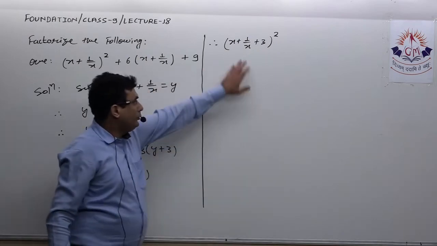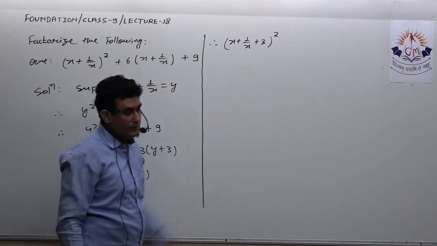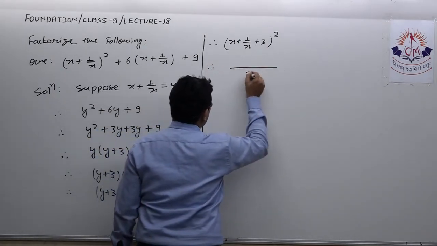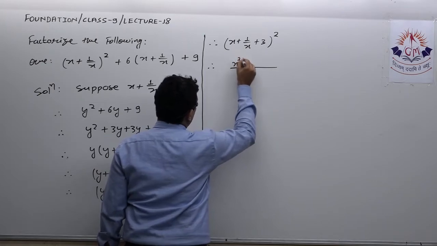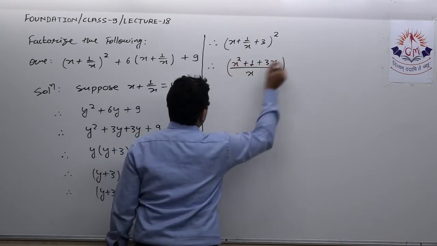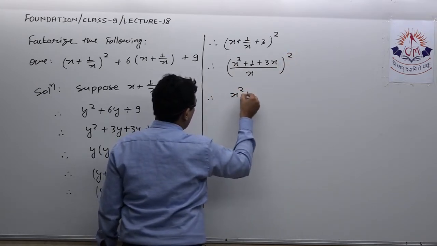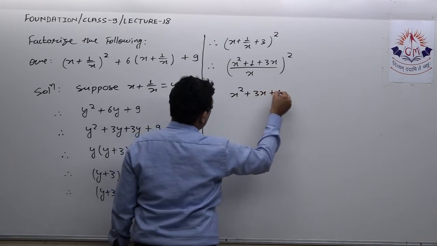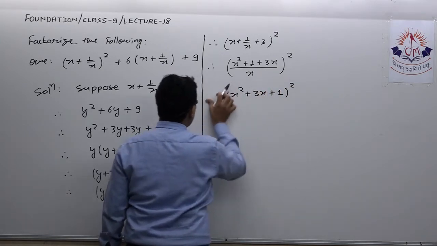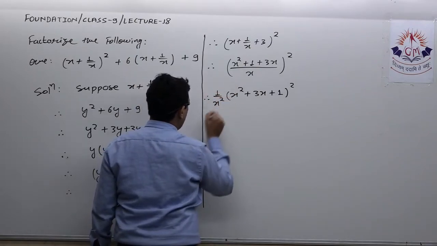Now again I check, is it possible to factorize this further after taking the LCM. Here the LCM will be x. So here I get ((x² + 1 + 3x)/x)², that is (x² + 3x + 1)² multiplied by 1/x².